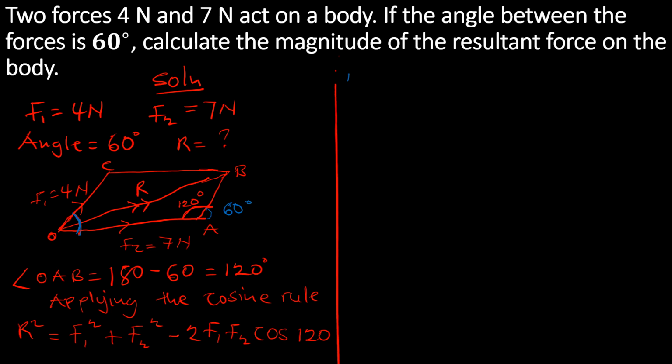So R squared is equal to F1 squared plus F2 squared plus 2 F1 F2 cos 60.